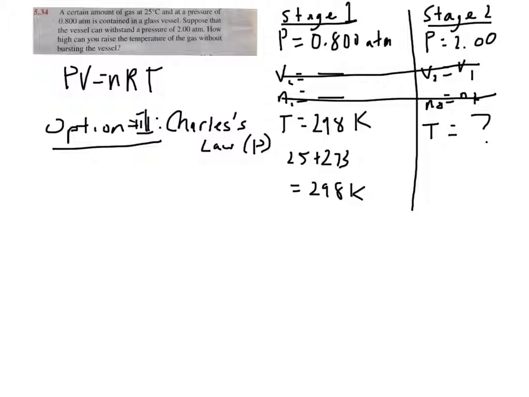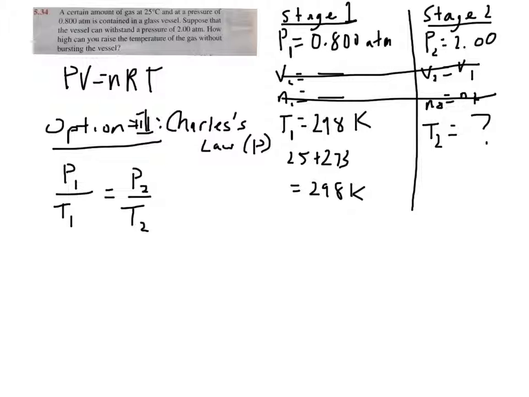And this formula is P1 over T1 equals P2 over T2. One thing I should have done a little bit before: this is in stage 1, this is in stage 2. So we'll call these P1 and T1 because they're stage 1, and then we'll call these P2 and T2.